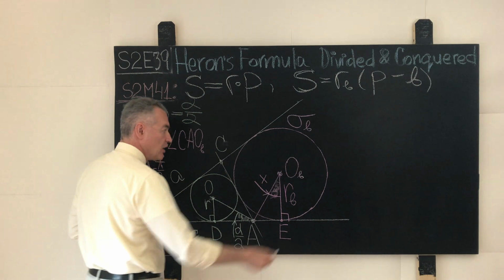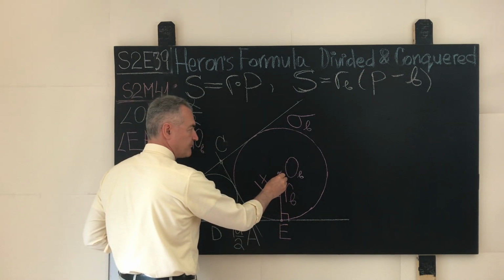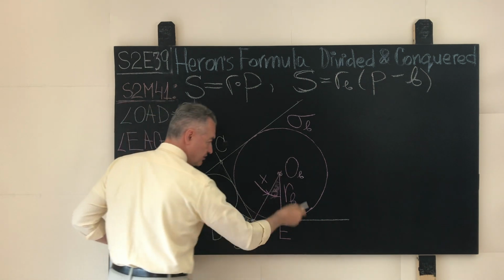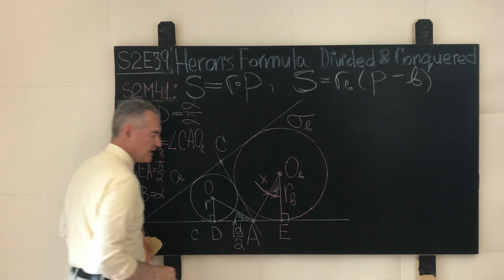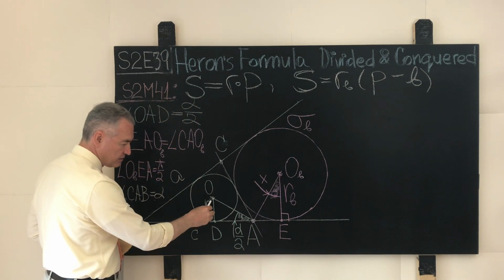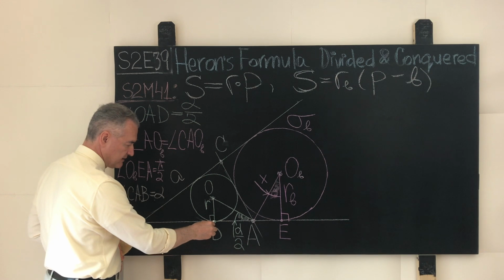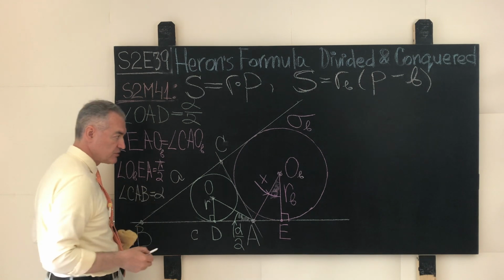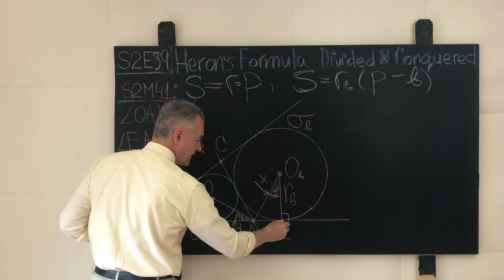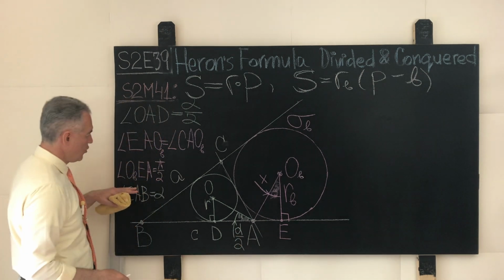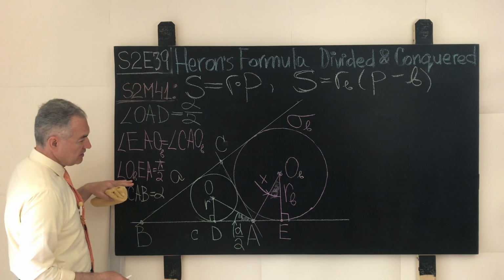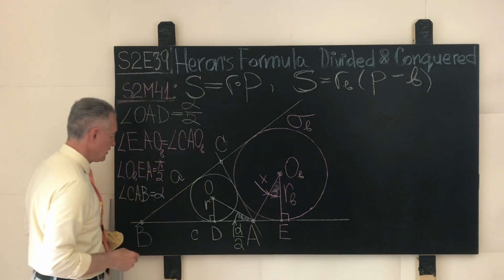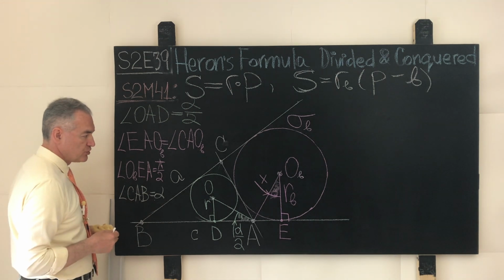Next, we do the same thing. We take the center OB of the ExCircle sigma B and we project it on the side BA extended orthogonally into the point E. In other words, the angle ODA is right, pi over 2 or 90 degrees, and the angle OEA is also right, pi over 2 or 90 degrees. And what else should we remember?